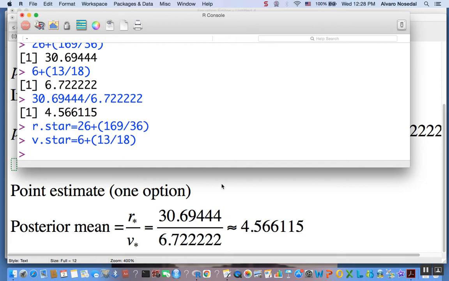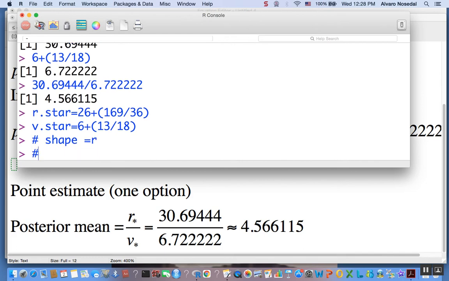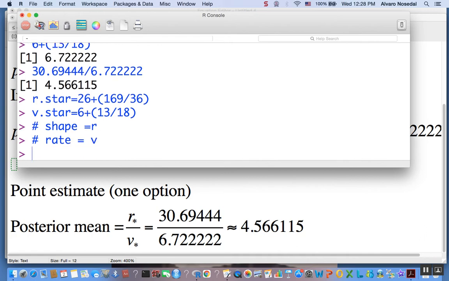In that case, instead of the shape and the rate, you have the shape and the scale. Anyway, the one that you want here is shape, which is R, and rate, which is V. Now let me use uppercase M for mean, because we are interested in saying something about mu. We're going to create a sequence from 0 to 15.